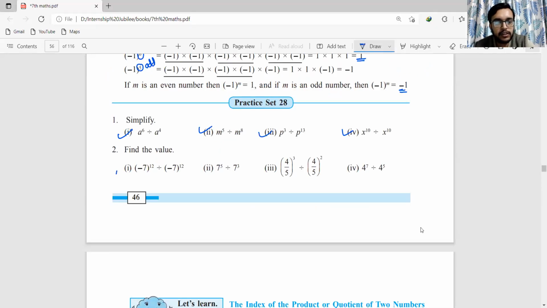Okay, now try to solve this: minus 7 raised to power 12 divided by minus 7 raised to power 12. Here both are the same. When the same number divides each other, the answer will be 1, right? Let's try to solve.